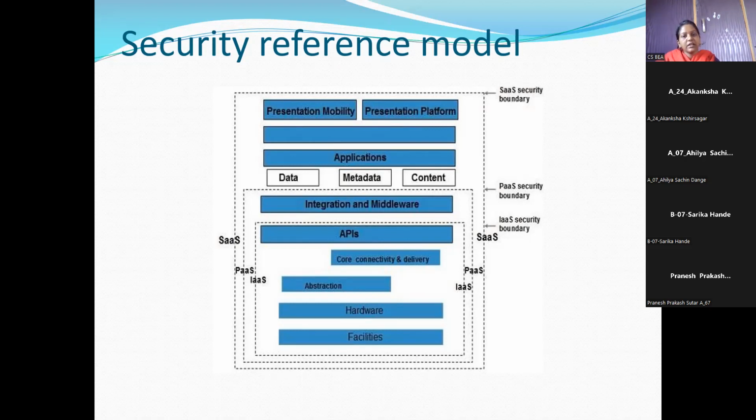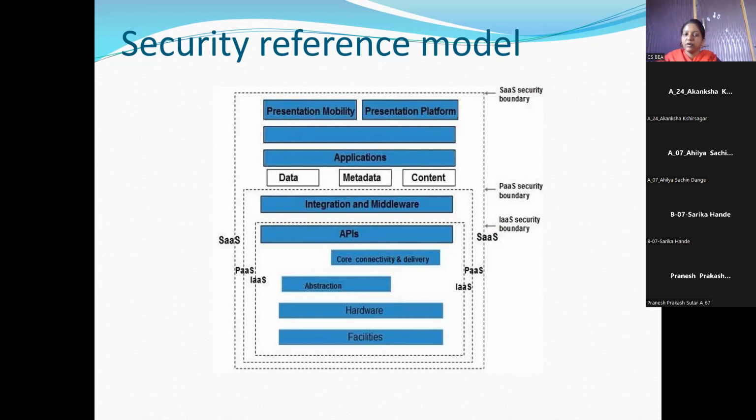So this model describes the security boundaries at which the cloud service provider's responsibility ends and the consumer's responsibilities begin. Any security mechanism below the security boundary must be built into the system, and above it should be maintained by the consumer itself.